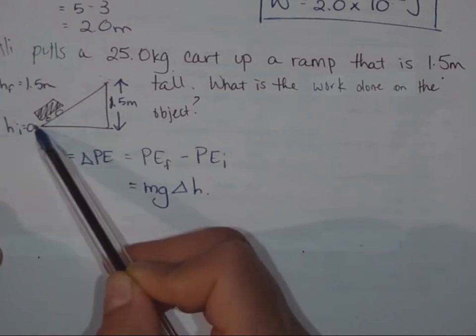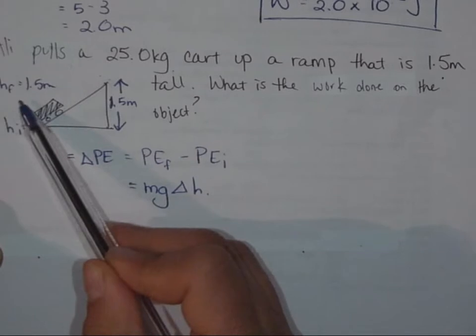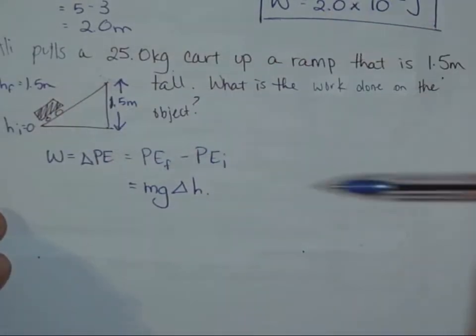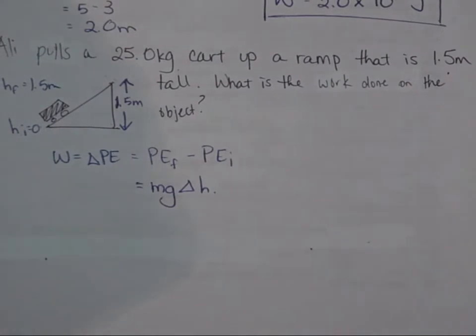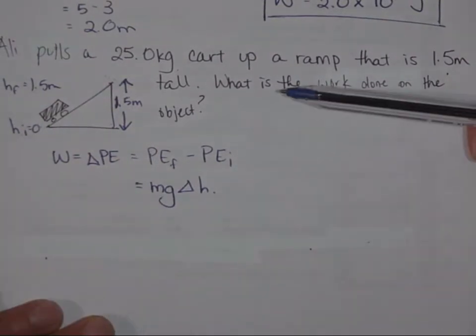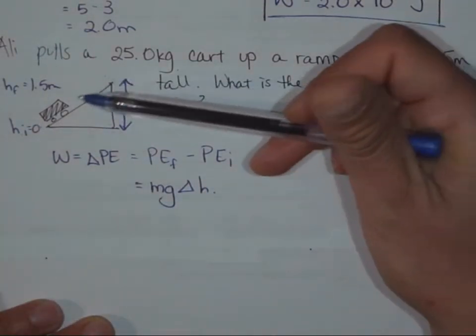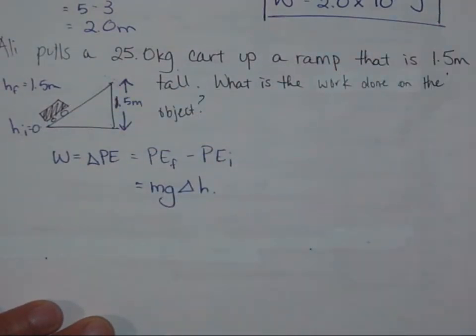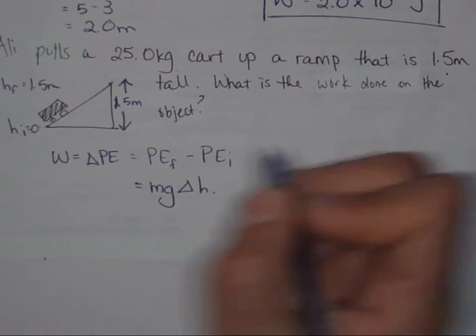It's taking it from a lower height to a higher height. Even if it was going from a higher height to a lower height, there would also be work being done on the object. But the main thing you need to keep in mind is that the change that is taking place in this scenario is that the cart is changing its gravitational potential energy.